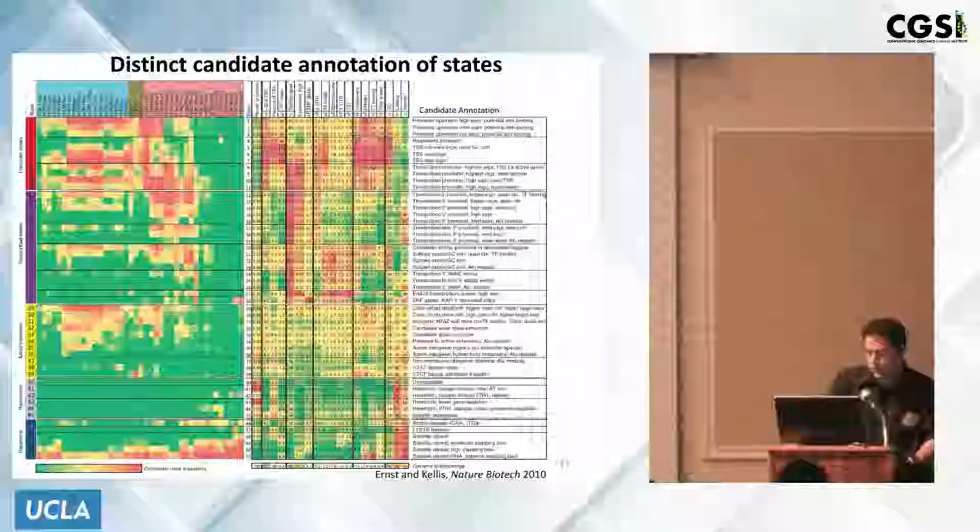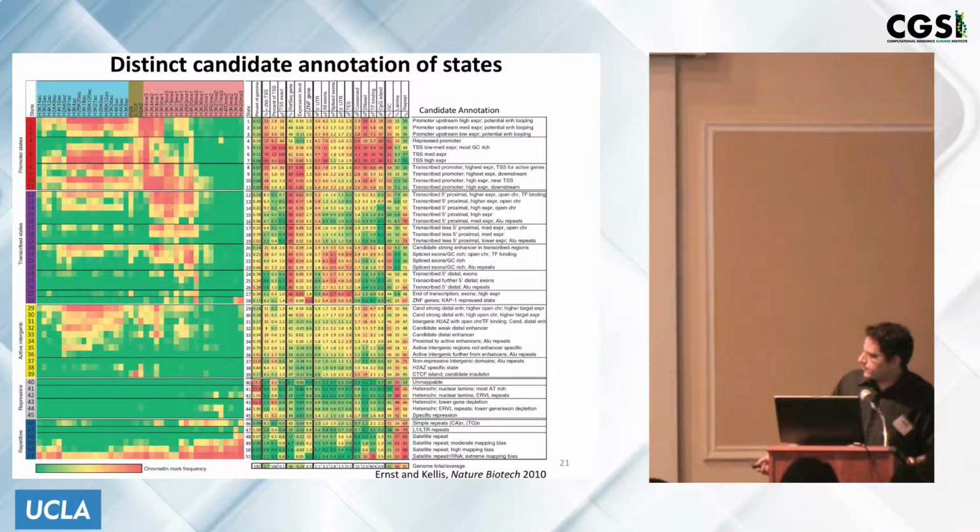These can be associated with distal regulatory elements, which can show signs of transcription factor binding and evolutionarily conserved elements, but can be far from the starts of genes and could be difficult to detect without this type of data. And also different types of large-scale repressed and repetitive elements as well.